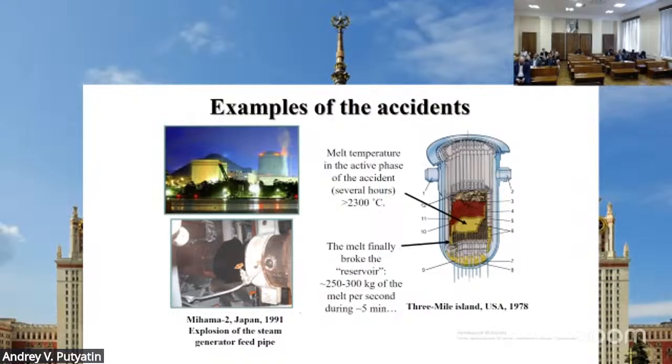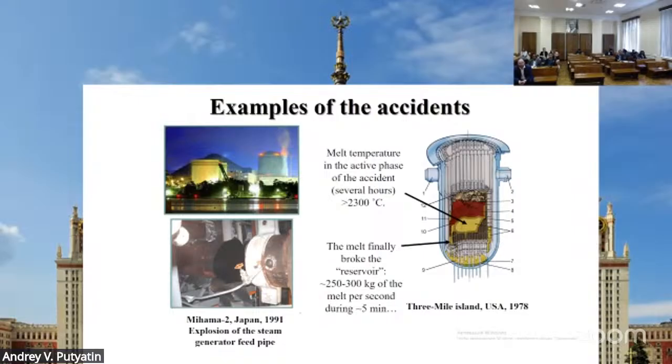So the coolant went off, and the temperature of the reactor core started to increase dramatically, which led to complete melting of a significant fraction of the core, with formation of a melt pool. And finally, this melt pool, which was kind of hanging in the middle of the reactor core, penetrated the crust which had formed, and started to pour down into the lower premises of the confinement vessel.